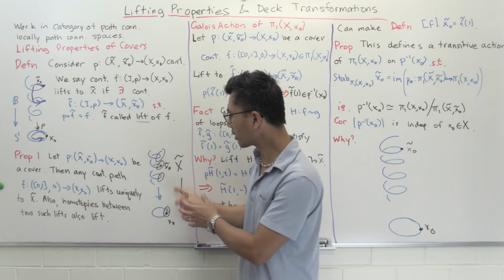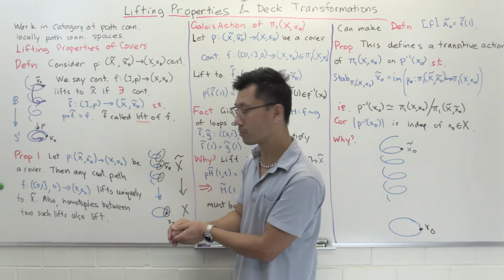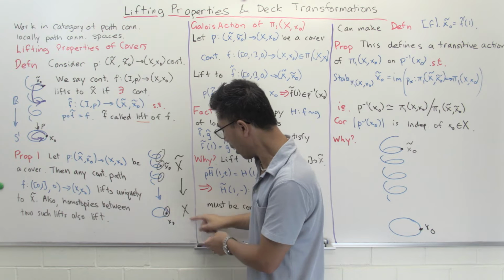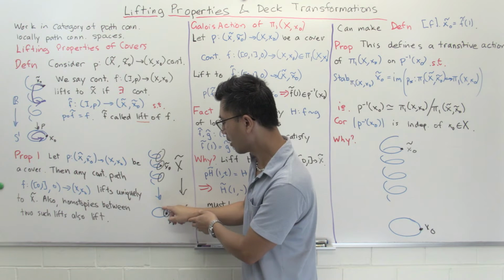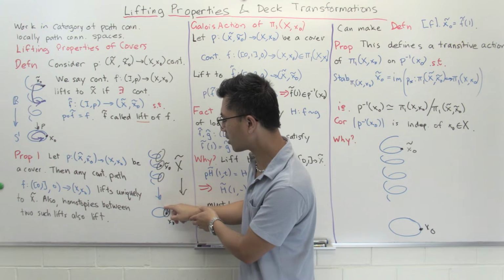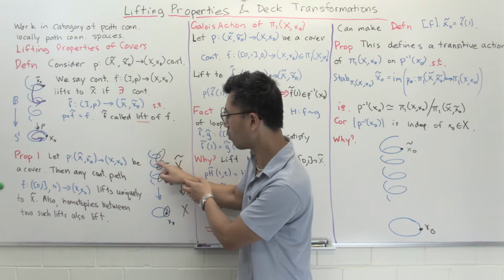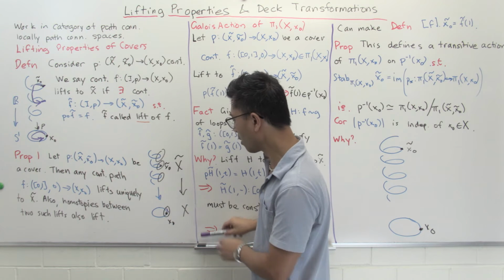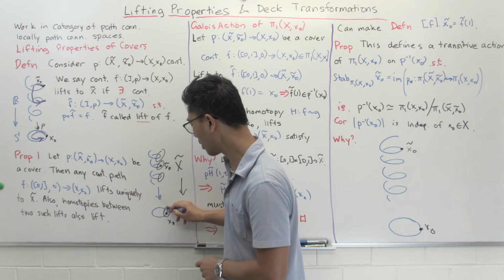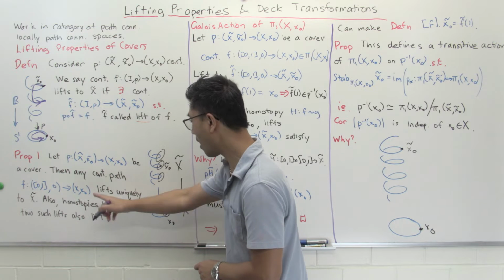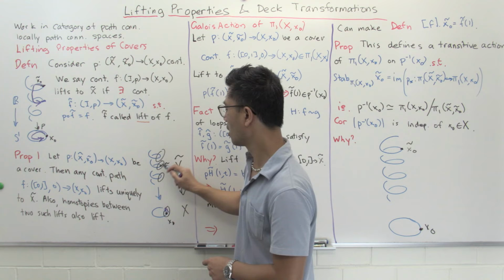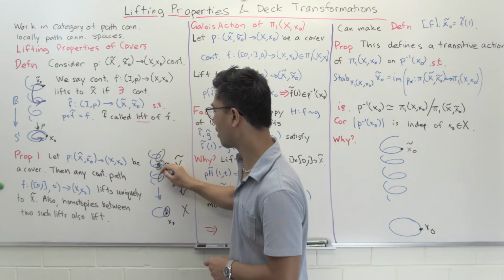And so the question is, can you keep extending further out? If you approach the edge here, then what happens? As you approach the edge, I guess you can use continuity to say where you will move to. So suppose your f ends up here on the edge, then your lift will end up here.